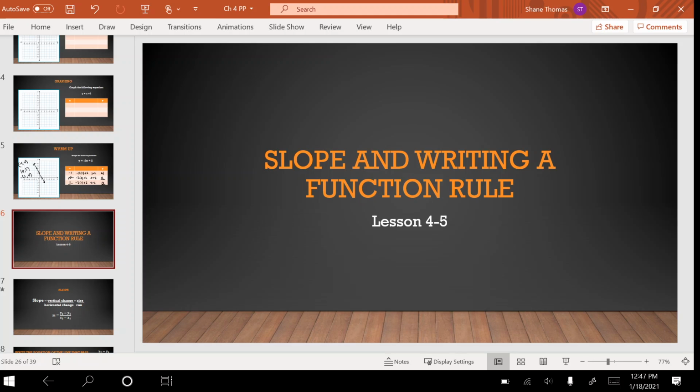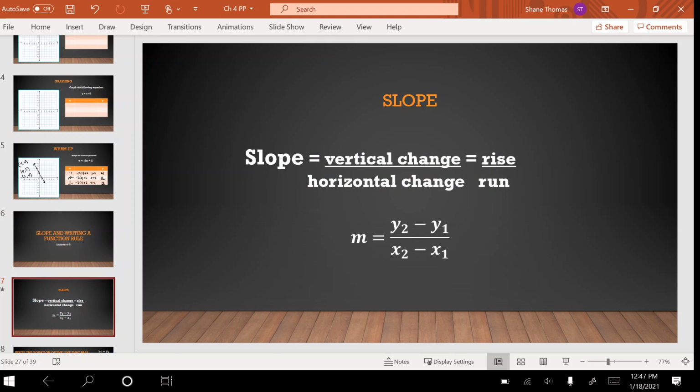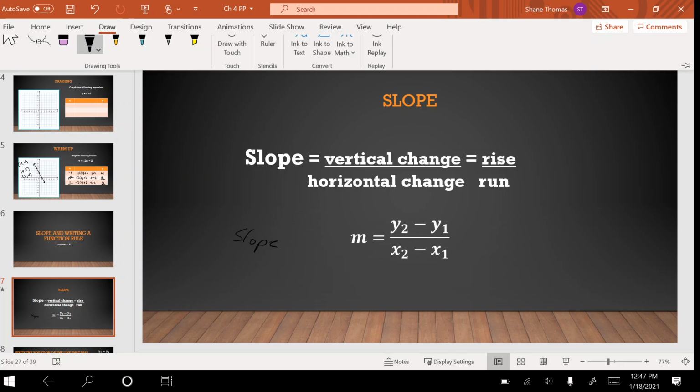So the first thing, slope and writing the function rule, we have a thing called slope. Slope is your vertical change over your horizontal change, also known as rise over run. Now this thing here is your slope formula. Let me get a different color.